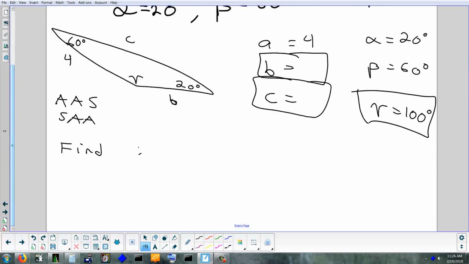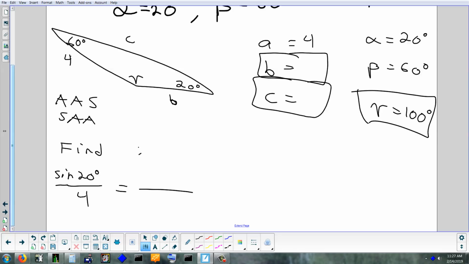We'll decide what we want to find in a minute. Let's just fill in the left side: sine of alpha divided by A. Regardless of whether you want to find B or C, that's how it's going to start out.